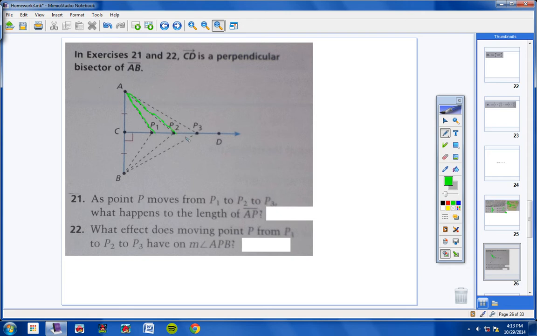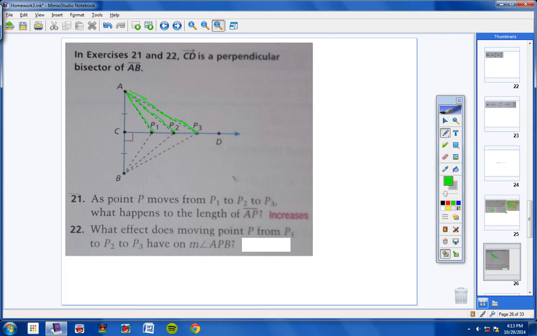And then when P moves up to here, here's AP. Well, to me, it's very obvious as point P moves up this line, all of these segments are getting longer. So it increases or gets longer, okay?